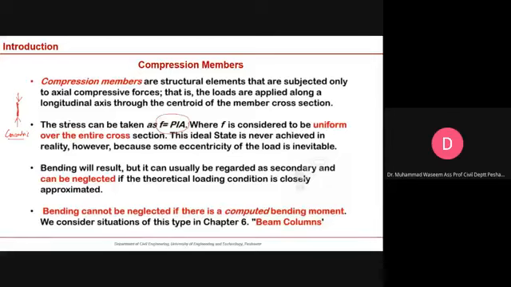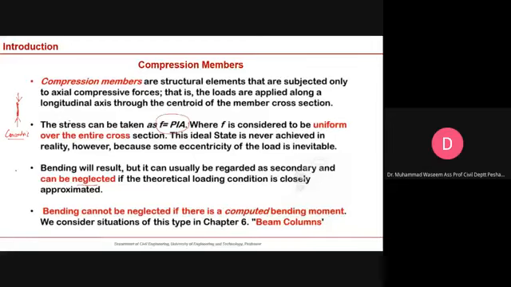It means that there is no bending moment produced by these axial loads if the load is applied concentrically. But bending moment in compression members is regarded as a secondary effect, and it is usually neglected, because the loads are considered concentric, not eccentric.